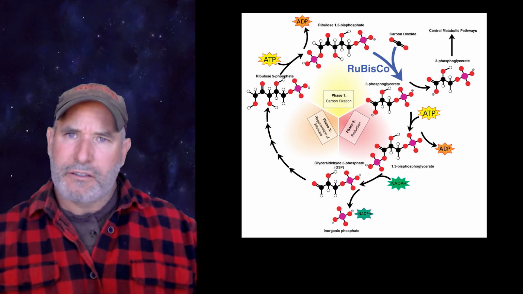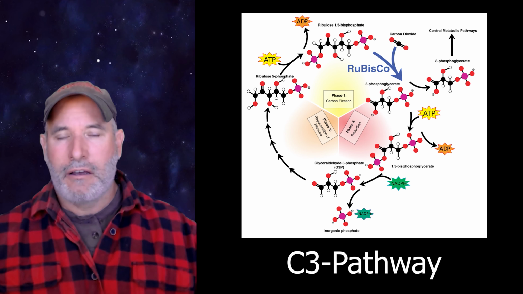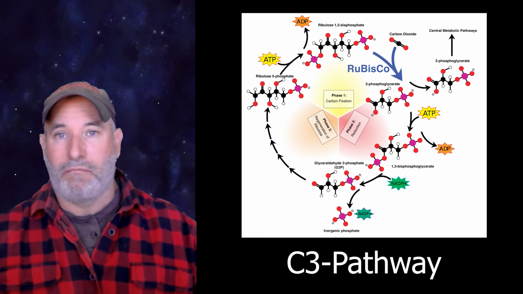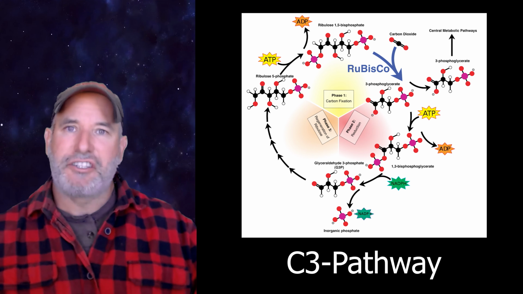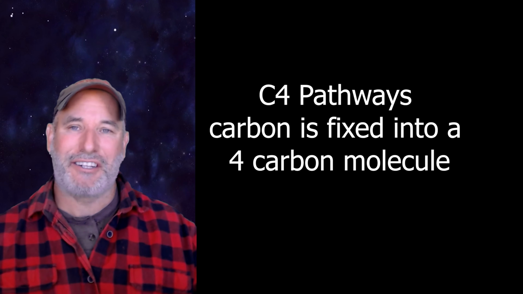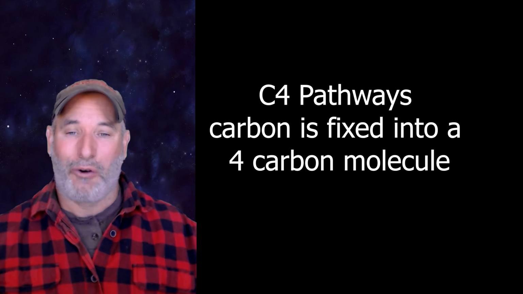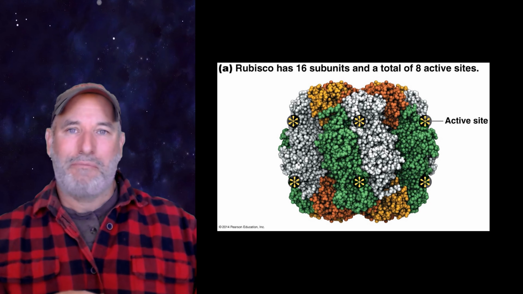All right. So that's why we call that a C3 pathway, because it forms a 3-carbon compound, 3-phosphoglycerate. Okay, so if I say I've got a C4 pathway, that means my initial carbon fixation takes place and I form a 4-carbon compound.